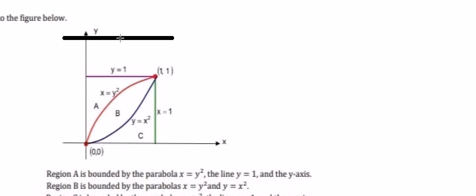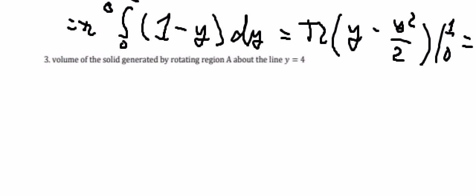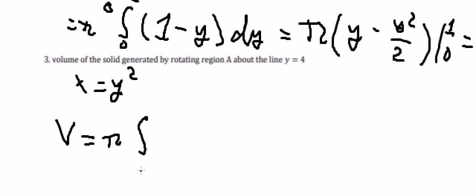So we need to use 4 minus this curve and 4 minus this curve, so that we have the area of region A, and then we rotate here. So we get x equal to y squared, and now we have the volume here.